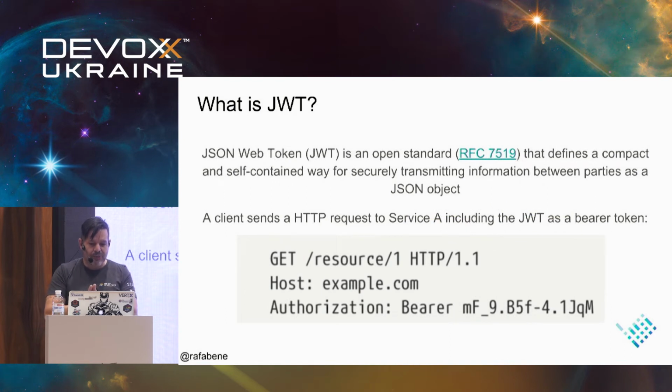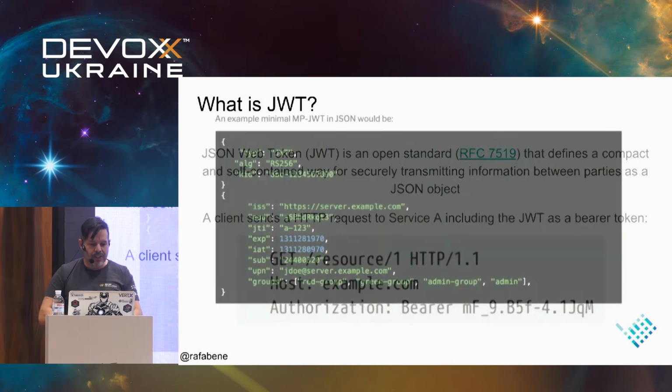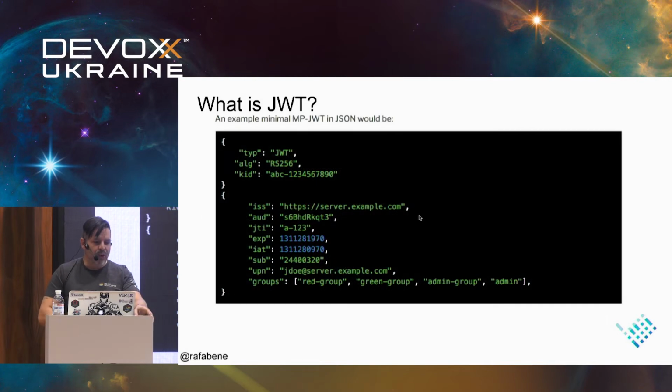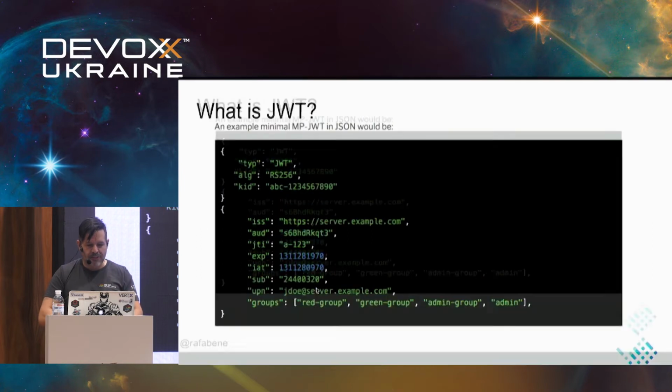There is even a standard for that. It creates a JSON object, just like this, with several fields, like who is the issuer, the expiration date, the user, the groups that the user is part of.